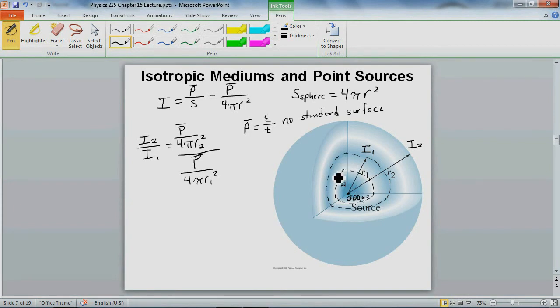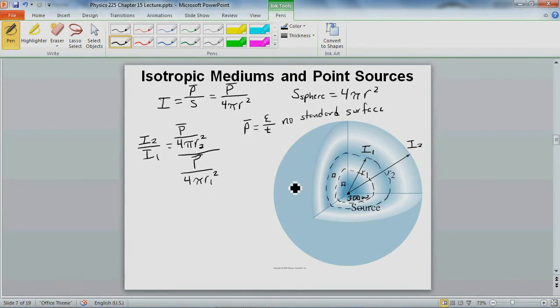And if I were to take the differential area on the larger sphere, R2, and integrate all the little differential powers all the way around this sphere, then also I should come up with 300 watts total. So the energy is being spread out over the surface of the spheres.